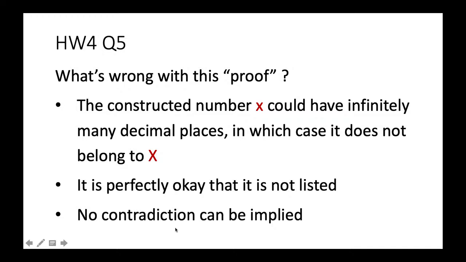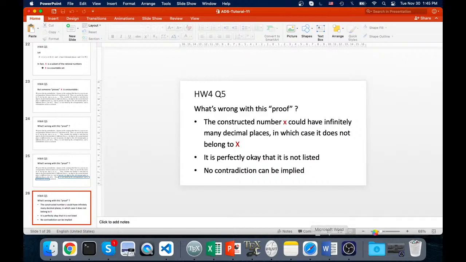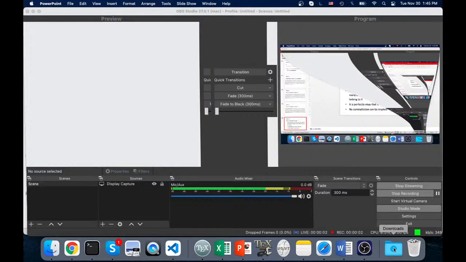In the original proof that the real number set is uncountable, we generate a number that should be in the set, but it is not listed. In this question, we generate a number which is not in the set, so it is perfectly okay that it is not listed. So no contradiction occurs. Okay, that's all for what I want to show today.